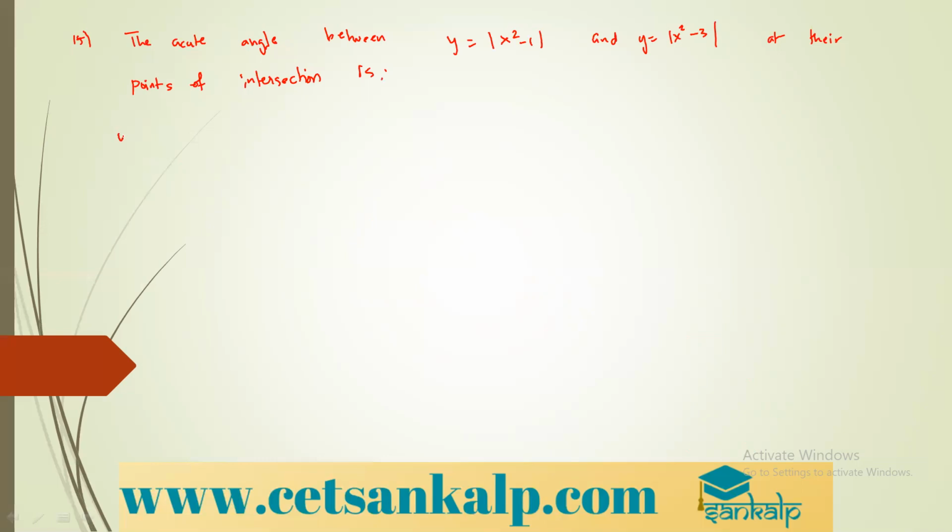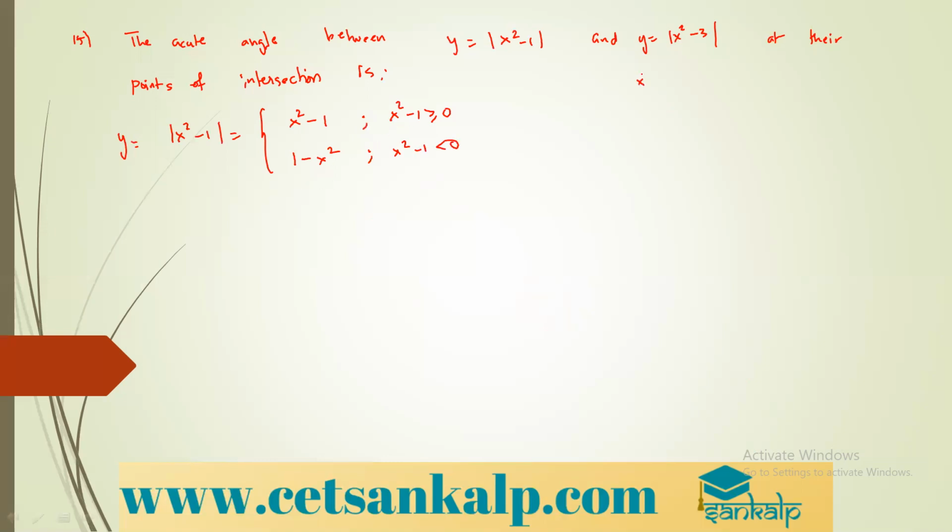the first curve y equal to mod of x square minus 1 means it's a piecewise function. It's positive x square minus 1 when x square minus 1 is greater than or equal to 0. It is negative of x square minus 1, or 1 minus x square, when x square minus 1 is less than 0.